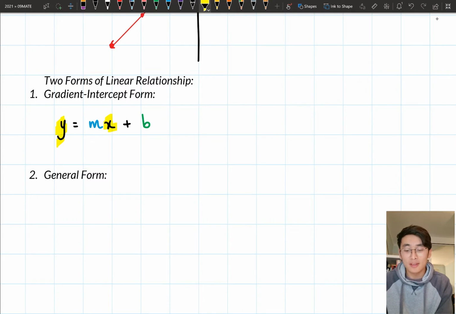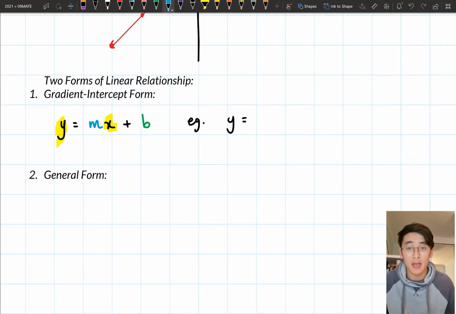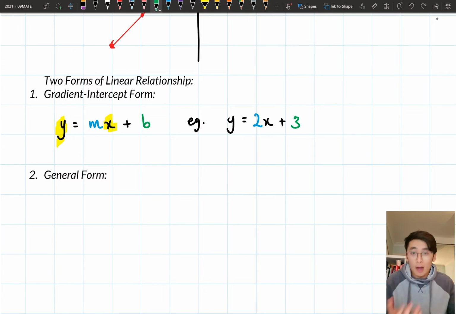It's telling me y = mx + b. So for example, instead of writing m, I'm going to say, okay, let's have some random number: y = 2x + 3. If I have this rule and graph this on a Cartesian plane, it would form a straight line. That's what it's telling me.